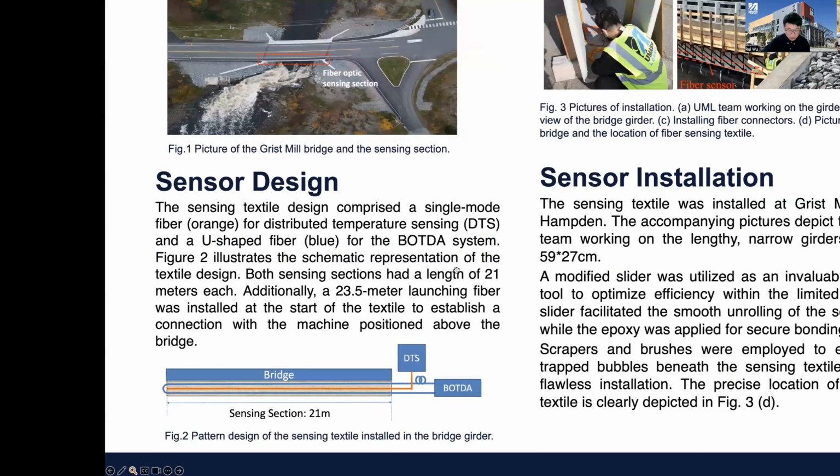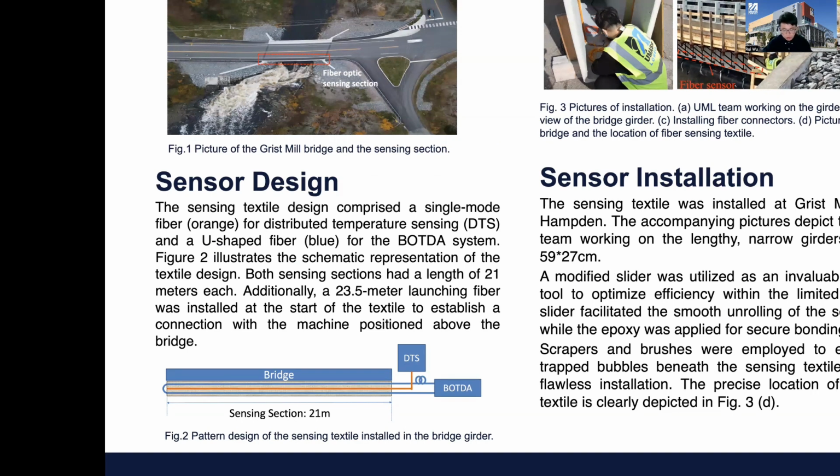Now let's dive into more details of our sensor design and installation process. Our sensor design comprises a single mode fiber in orange color for distributed temperature sensing, and a U-shaped fiber for the BOTDA system.